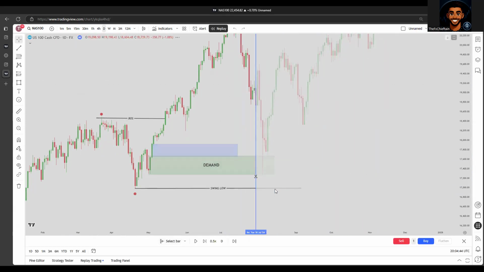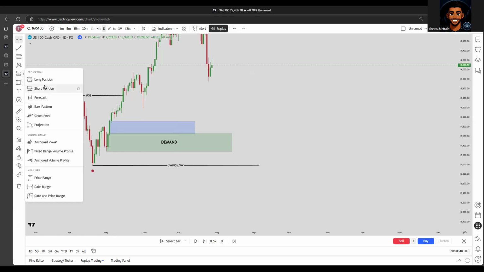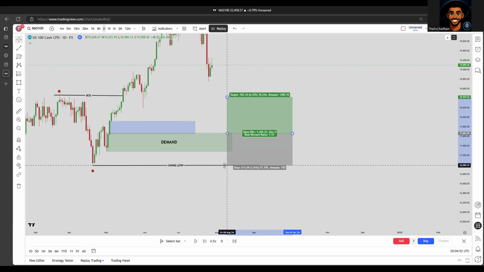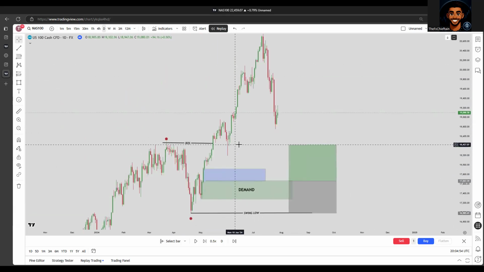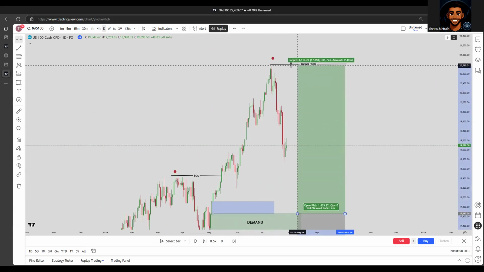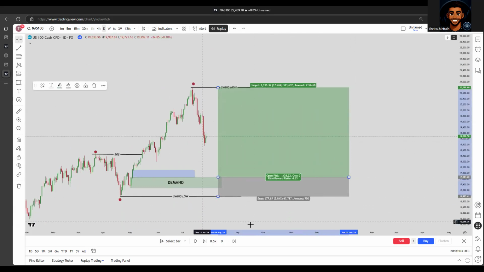So you want to see something like this play out. If you want to put in your long position at this level, the risk can be low, with your stop below the structure, targeting a new high. You could target this level, or you could target something higher like this swing high. Let me extend to the future, and I want to see how price plays out.